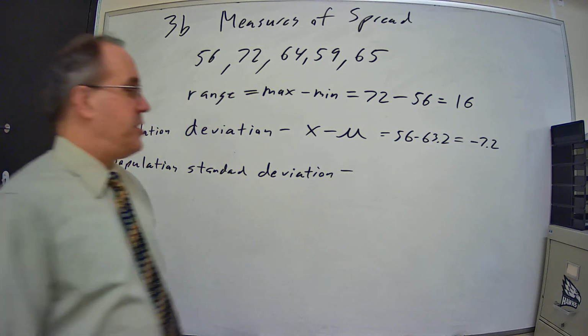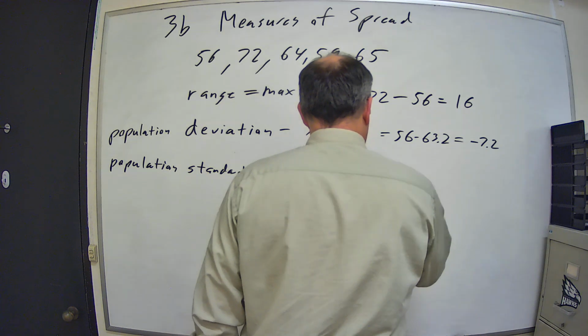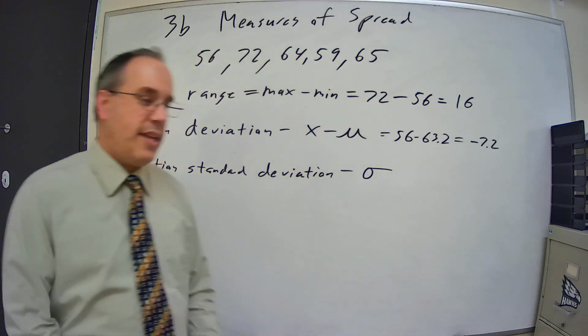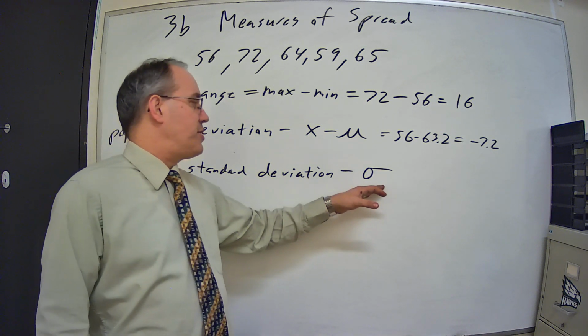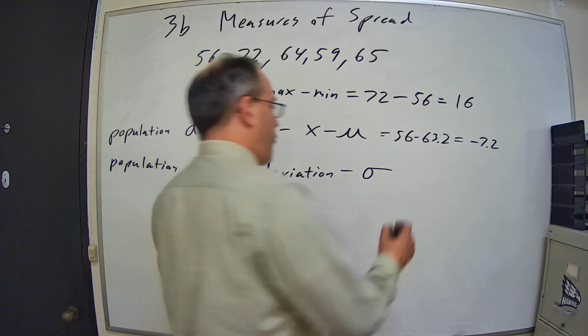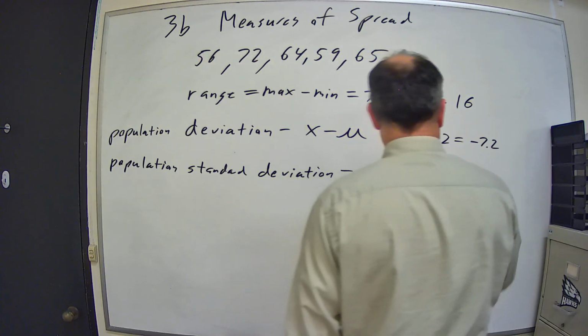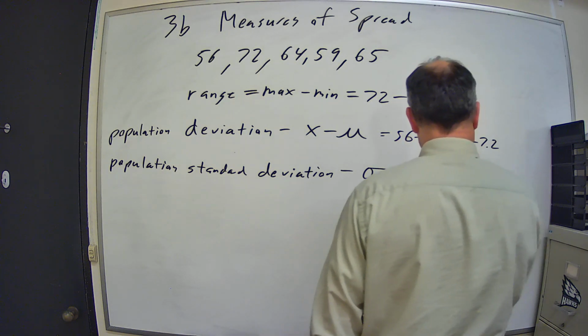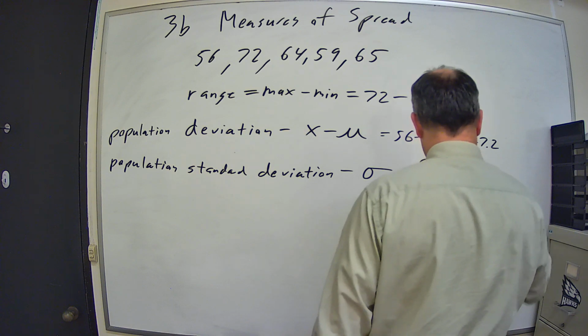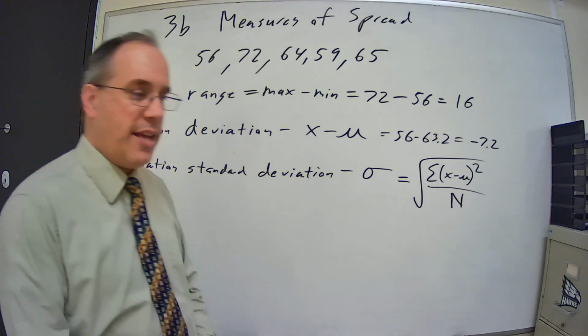Now the population standard deviation, we use a Greek letter sigma to represent that. Yeah, it looks like an O with a tail on it. Okay, so we use Greek letter sigma, and the formula is the square root of the sum of x minus mu squared over n, the population size.